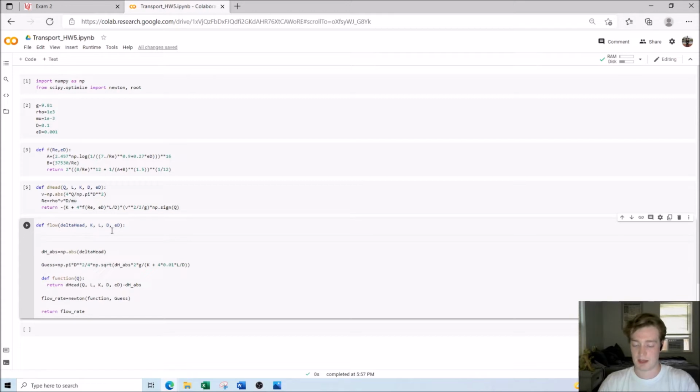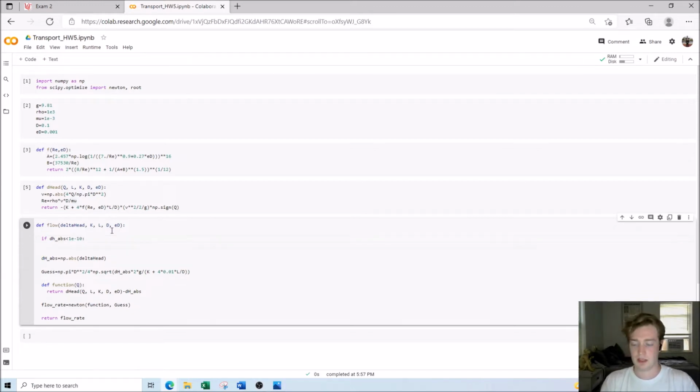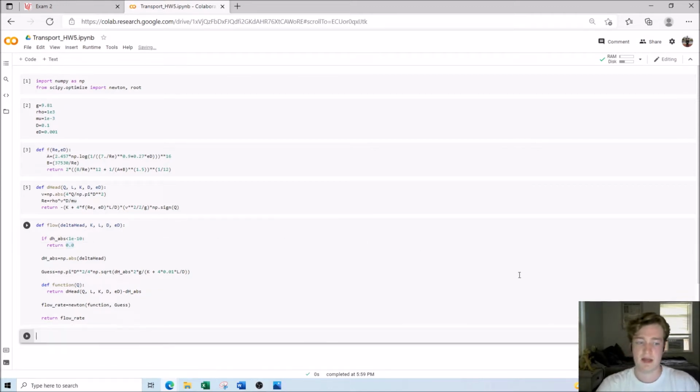So if we say something like, if the dh absolute value is, say, less than a really, really small number, less than, say, like 1e to the negative 10 or something, then just return 0. Return 0. There we go. So in case this ever happens, it'll just return 0 and it won't say, oh, this didn't work because one of your values equaled 0. So if we shift enter there, and I think we're ready to start plugging in some more of the information that we were given.